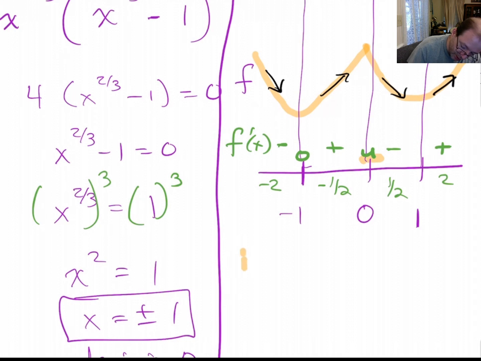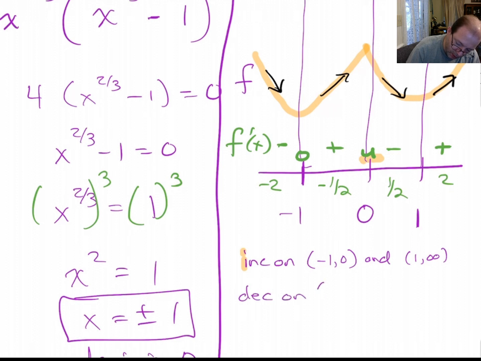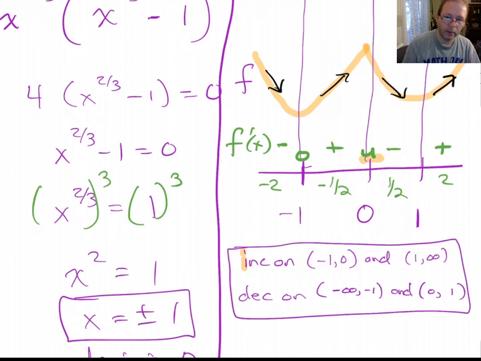This thing is increasing on -1 to 0, and from 1 to infinity, and it's decreasing on the places where the derivative is negative, from -infinity to -1, and from 0 to 1. All right.